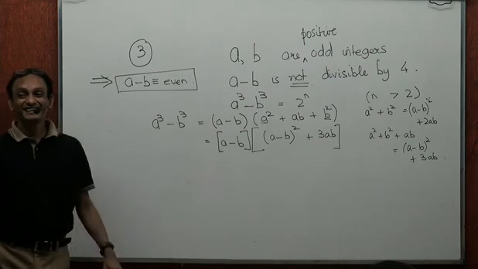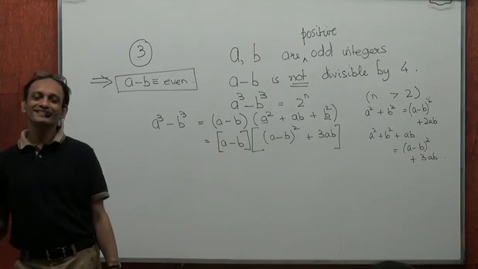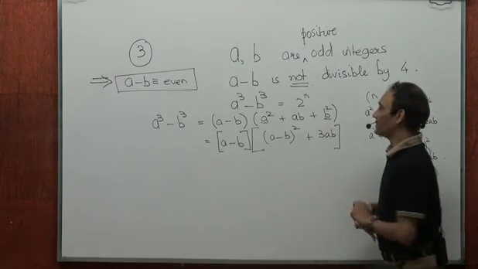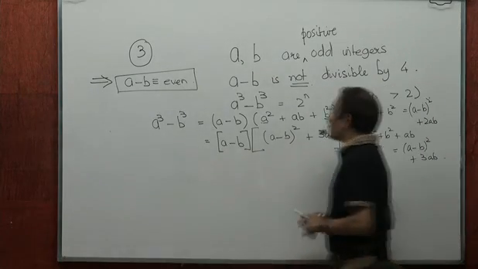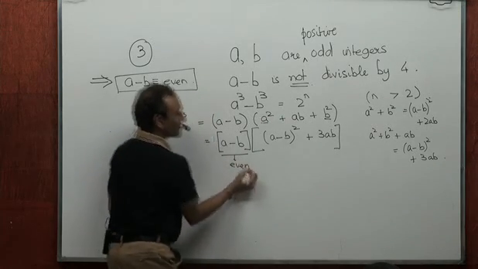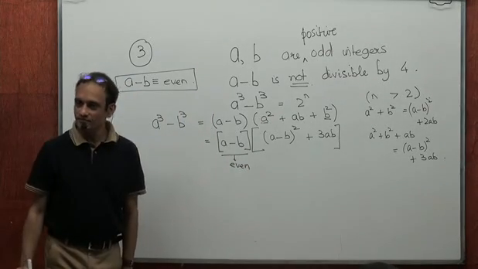Let's see. All right. This for sure is even. A minus b is even. Right? This factor is even.